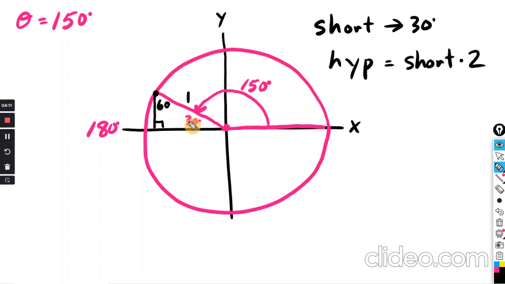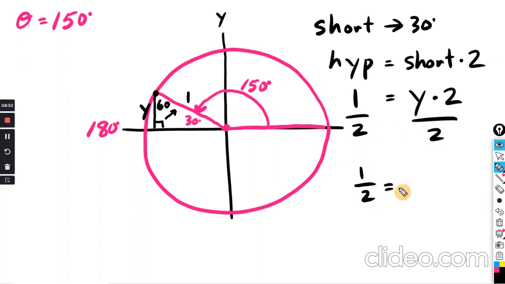The short side is the side across from 30, and I am going to call this side length y. You can call it whatever you want, but since it is the vertical side length, I would like to call it y for the y-axis or the y-coordinate. Across from your right angle is the hypotenuse, that's 1. The short side is across from 30, we called that y, and that's times 2. Solving for y, you simply divide both sides by 2, and we can see that y equals 1/2.